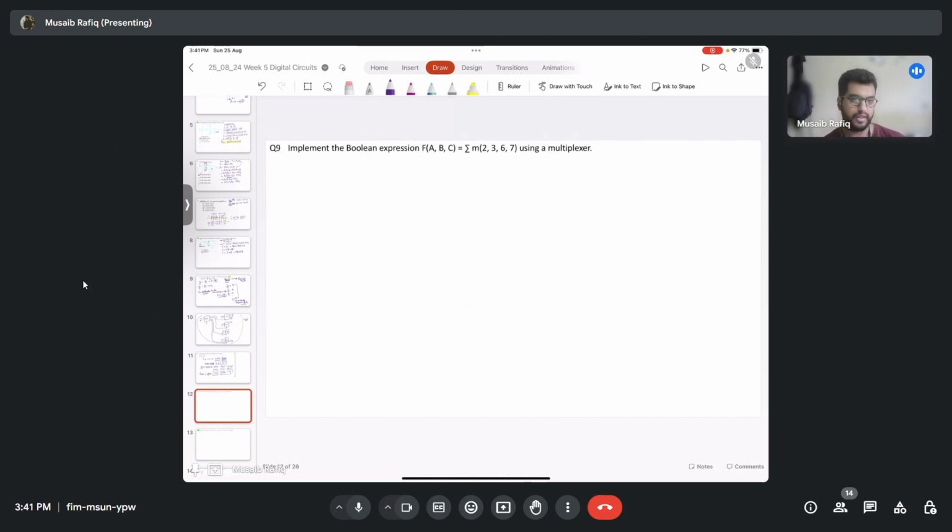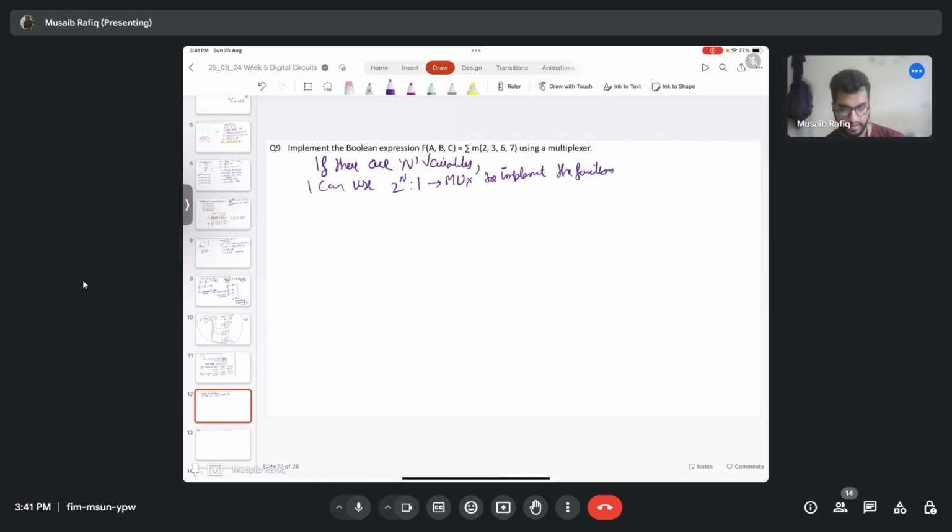There are two ways of implementing it; basically we can use two types of multiplexers to implement a given function. If we have n variables, I can use a 2 raised to power n is to 1 mux to implement the function f.